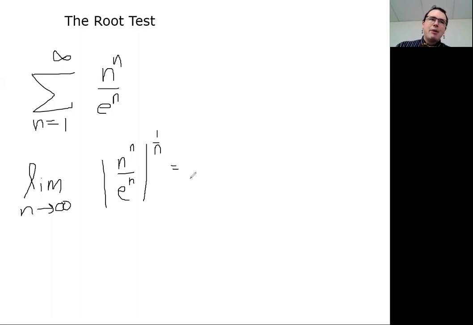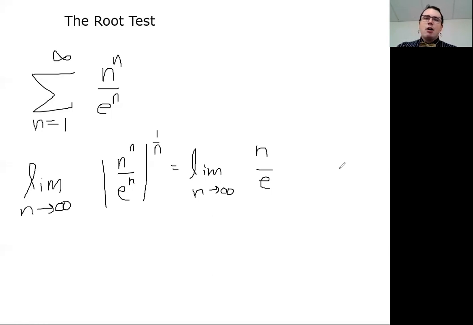Taking the 1 over n power of n to the power n is just n. And taking the 1 over n power of e to the power n is just e. And once again, both of these quantities are positive, so the absolute values are redundant for this problem.